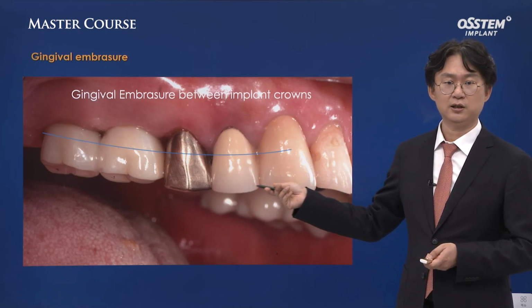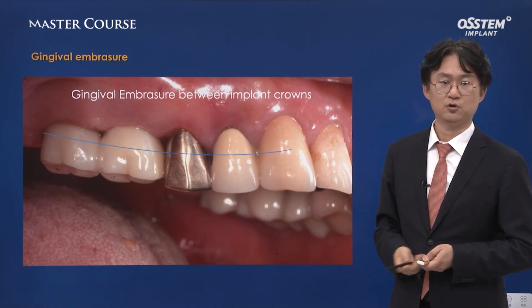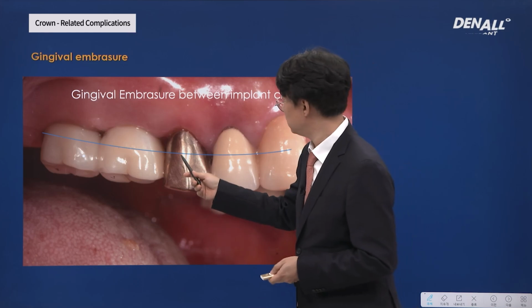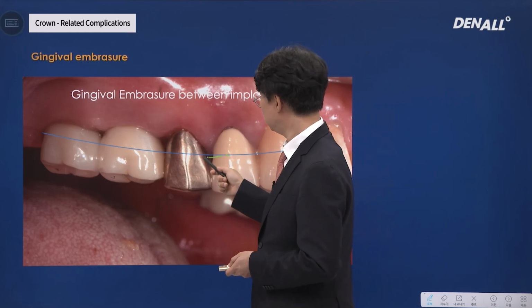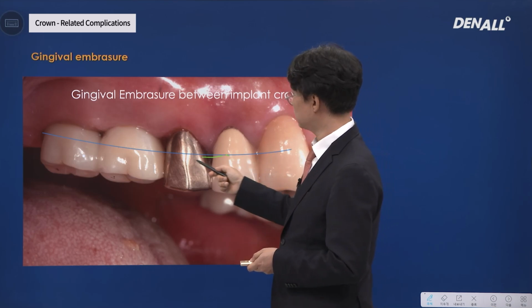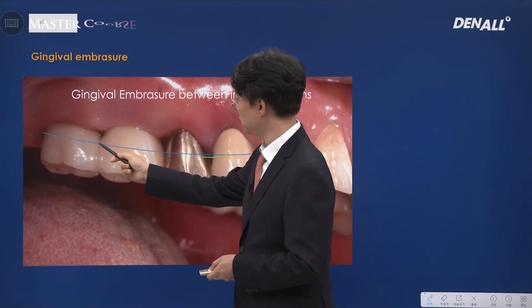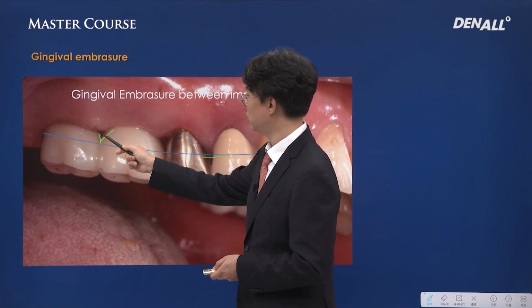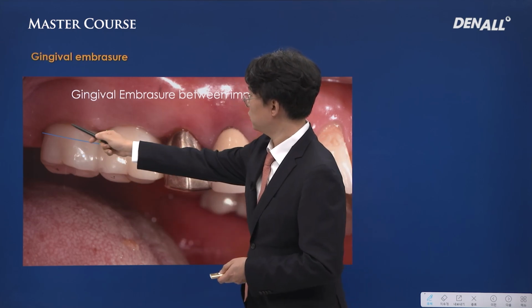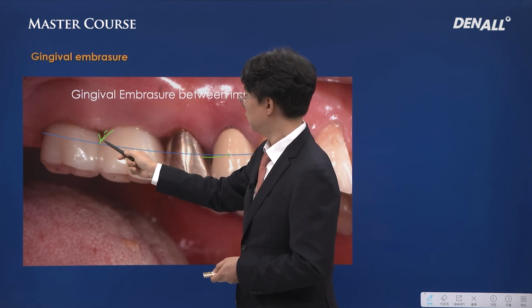After such modification, within a couple of weeks, the gingiva would be settled. In the posterior region, the contact with the adjacent tooth, it is about 1 millimeter below the contact continuing from a premolar. Above it, I try to keep it open.